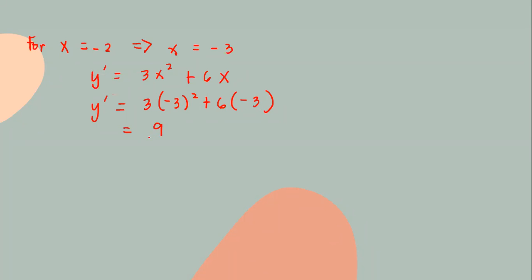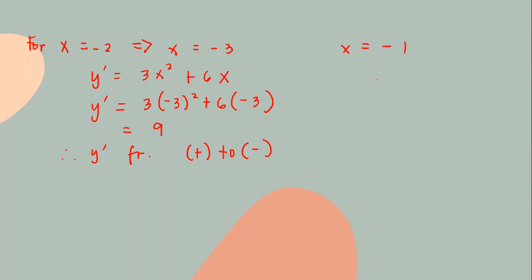Therefore, y prime goes from positive to negative. The neighboring points of x equal to negative 2 are x negative 3 and x negative 1.